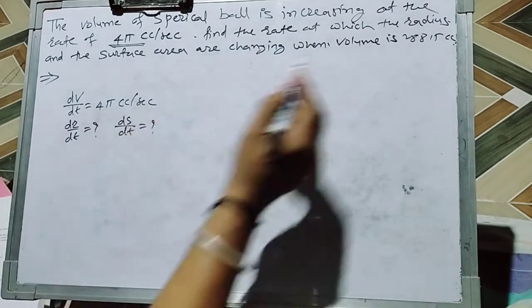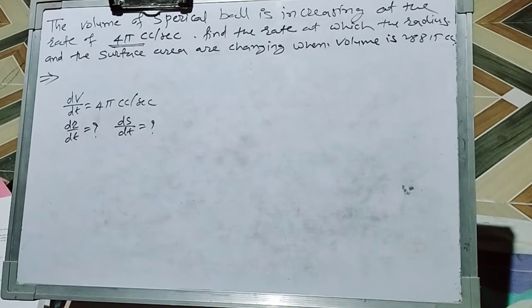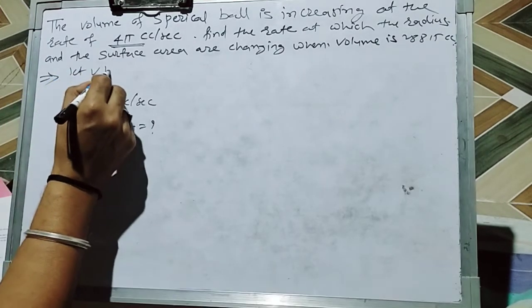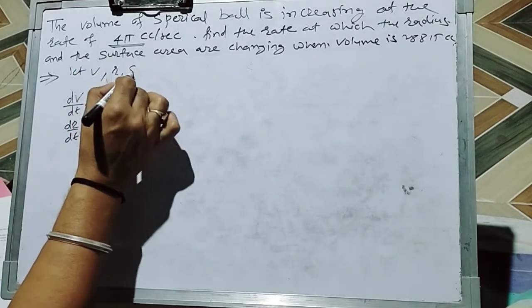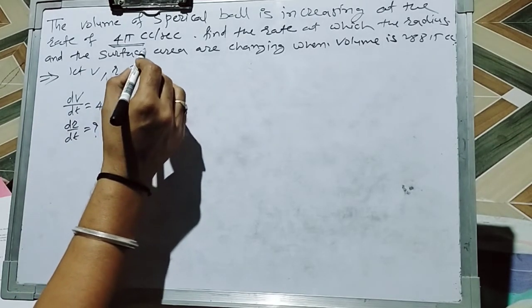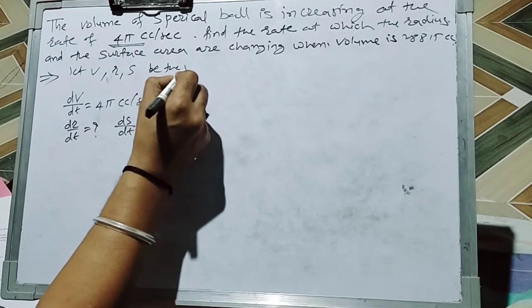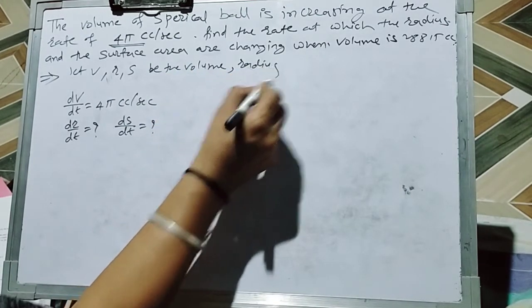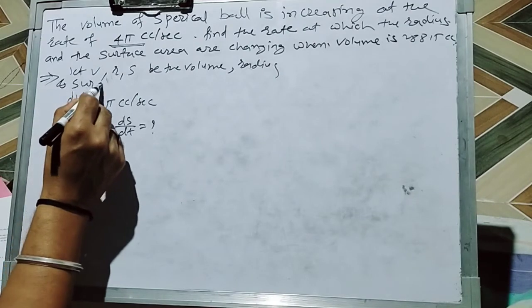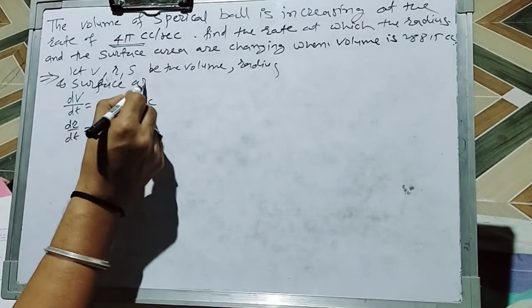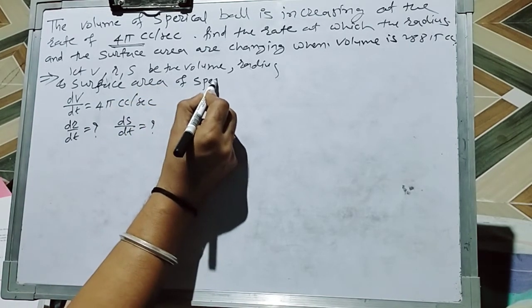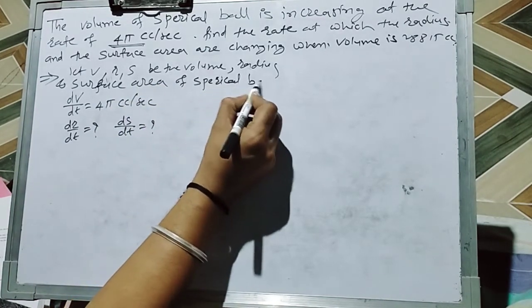Are changing when volume is 288 pi cubic centimeter. So here let V, r, and S be the volume, radius, and surface area of spherical ball.